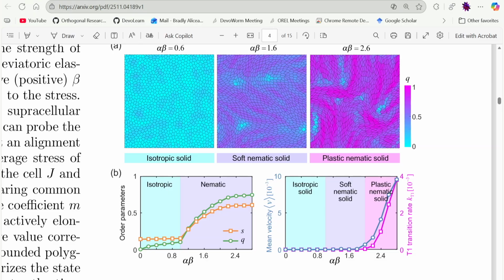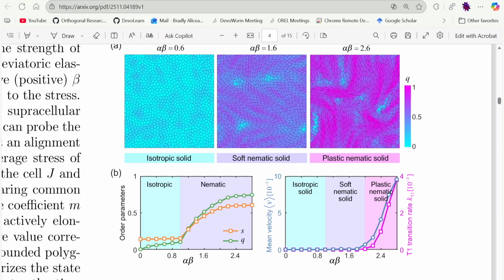And then for alpha beta versus mean velocity and T1 transition rate, you have the isotropic solid and the soft nematic solid. Those have near zero mean velocity for both the shape anisotropy and order parameter.